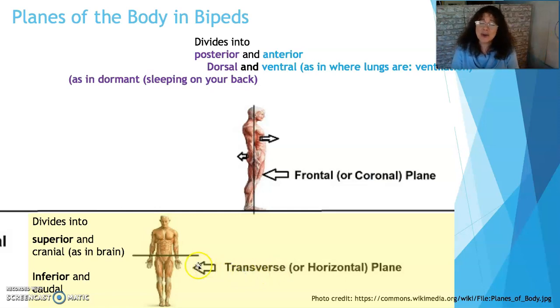So this is the transverse plane, generally at the umbilicus, and it divides the body into an upper half and a lower half, but we don't use those words. In science and in biology, we use the words superior, as in the superior aspect of the transverse plane, and the inferior aspect of the transverse plane.